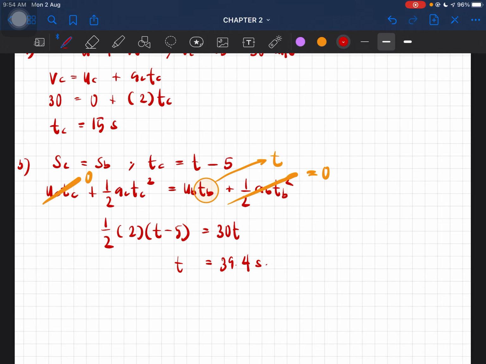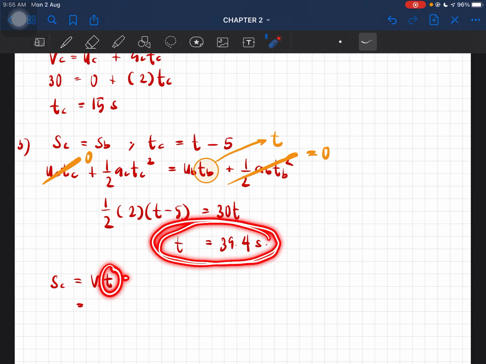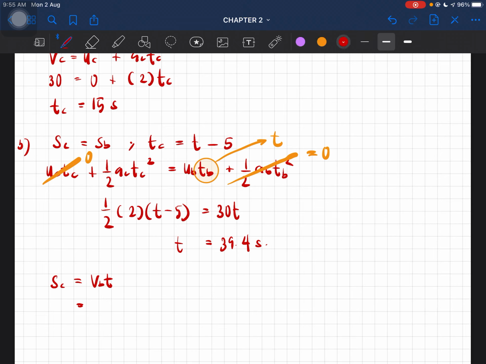Okay, so now we have to find the distance traveled by the car. We can just directly use the formula for the bus. Okay, so why can we use it for the bus? Because we know that the time will be the same as the bus. We use the time t here, the time when the bus and the car are at the same level.